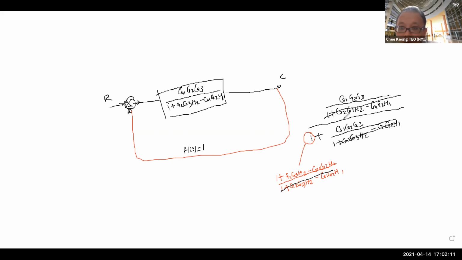So right now, the top numerator will be, I just write below here because upstairs there's no space, G1, G2, G3, top one. Of course, bottom will be 1 plus G2, G3, H2, minus G1, G2, H1, and then of course plus G1, G2, and G3.